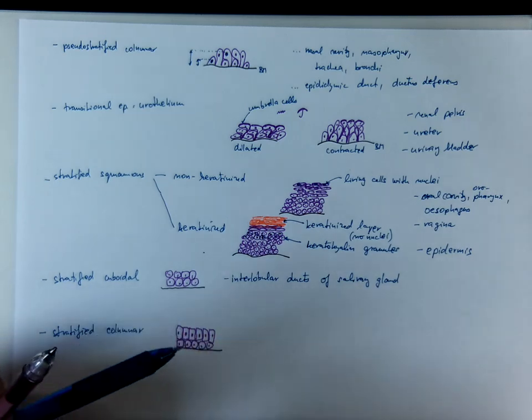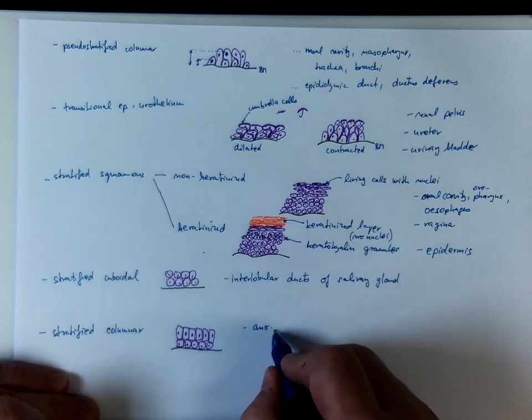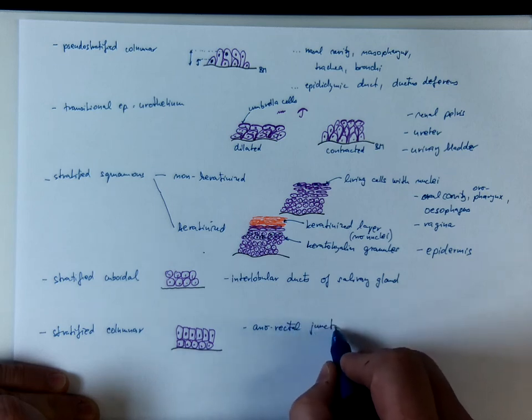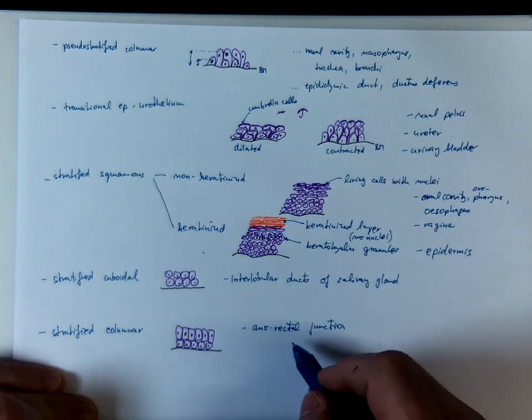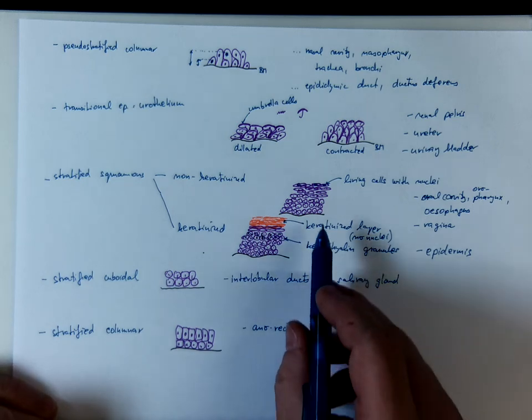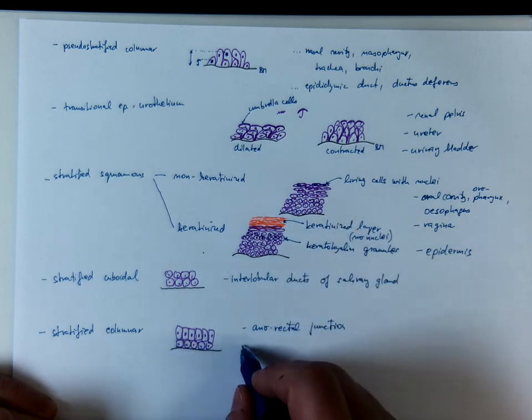So this kind of epithelium occurs in the anorectal junction of epithelia, where the simple columnar epithelium of the rectum joins the stratified squamous non-keratinized epithelium of the anal canal. So there is a short zone of this.